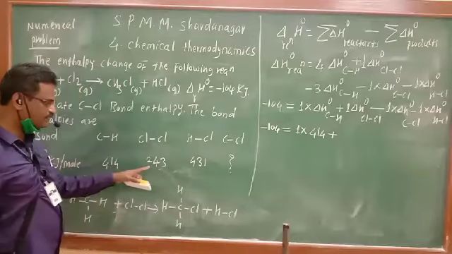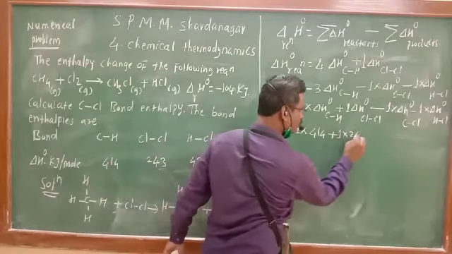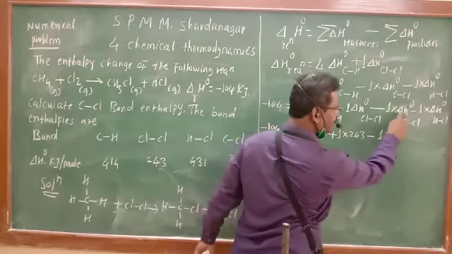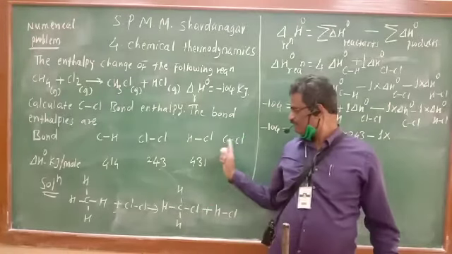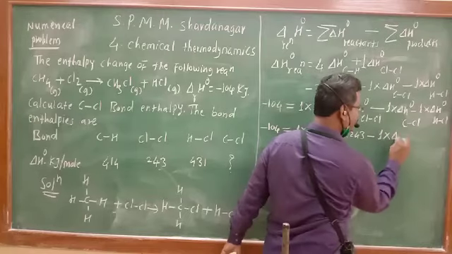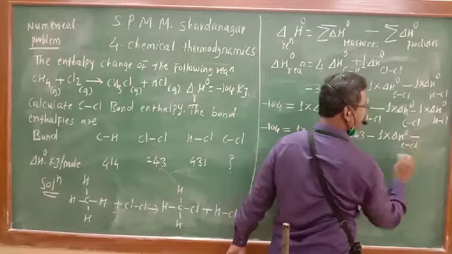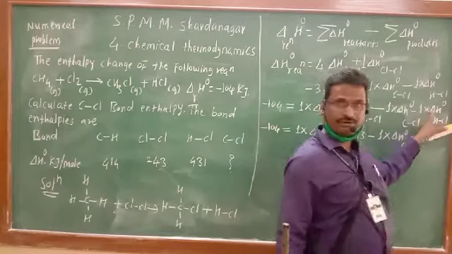Delta H naught ClCl is 243. 1 into 243 minus 1 into delta H naught of CCl, this we have to calculate, minus 1 into delta H naught of HCl.